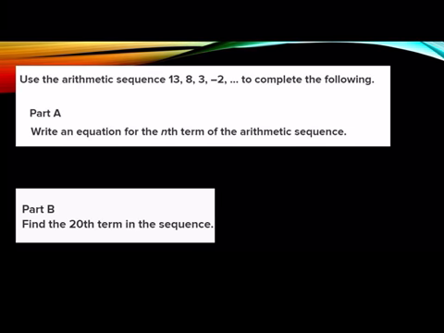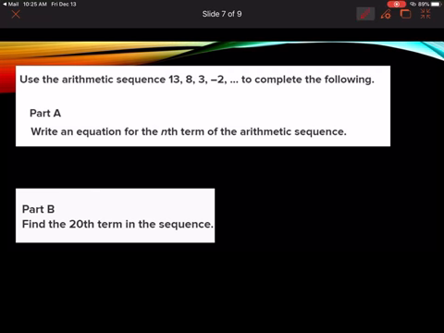Use the arithmetic sequence to complete the following. Write an equation for the nth term of the arithmetic sequence. So I need to know what my equation is again: a sub n equals a sub 1, which is the first term, plus n minus 1 times d, or the slope, or whatever it's going up by, the common difference. This one's -5, so my common difference is -5.